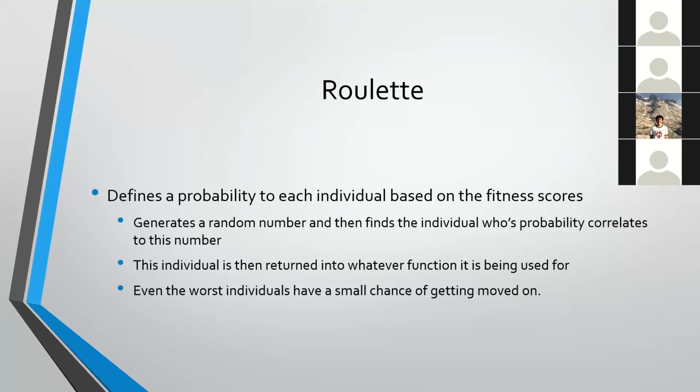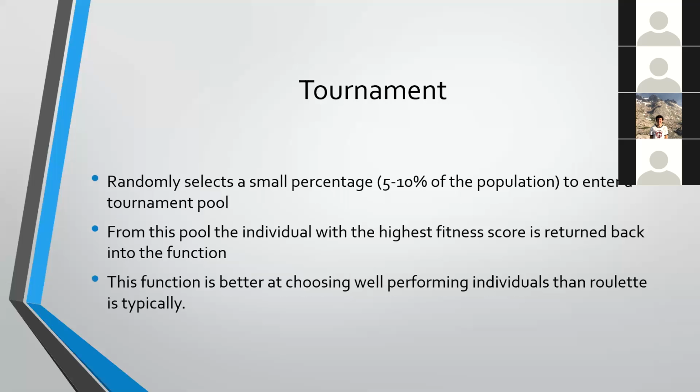When they get close enough, with a roulette algorithm the probabilities start to look almost uniform. They never will be quite uniform, but they get close. And when they're that close to being uniform, it's hard to make sure you're getting good individuals to move on. And that's where something like tournament comes in.